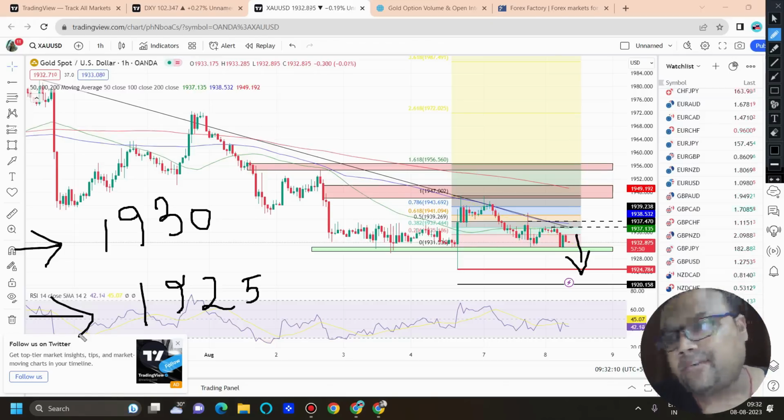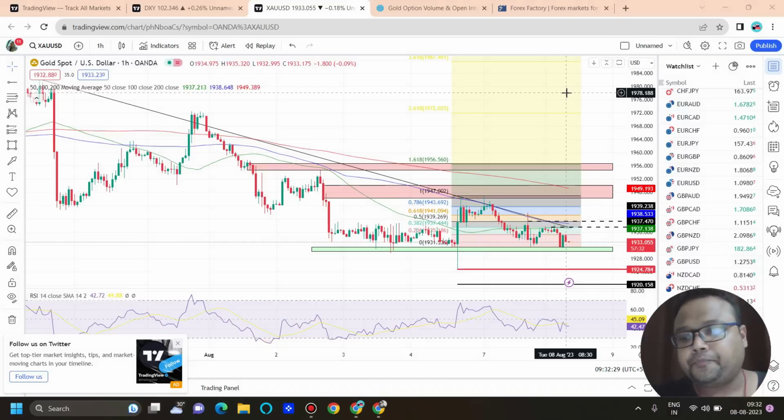If not a complete trend reversal, at least you can expect a bounce of 40 to 50 pips, because 1925 as a support is still very much present. But overall, technically, if we look at the chart here, the market seems to be bearish. The market seems to be getting ready for a downside fall.